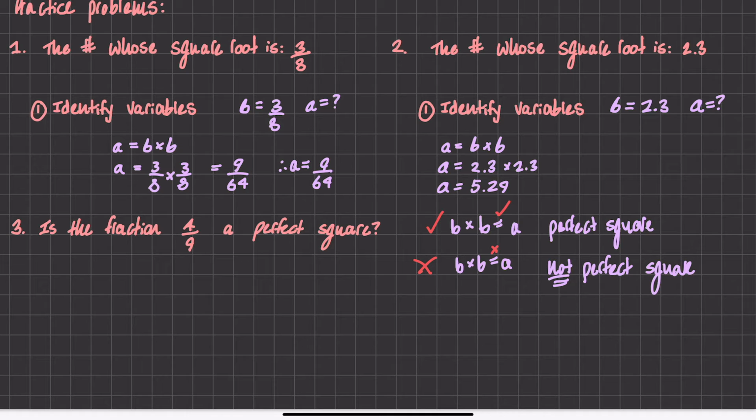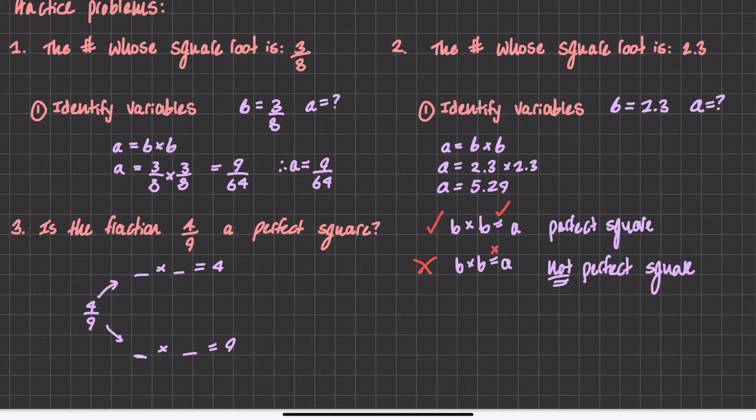So let's think to ourselves here. If you have a fraction, you can figure this out pretty easily. So 4 over 9. I like to think of this as separating the numerator and the denominator. If we just look at the numerator, let's think to ourselves, what's a number times a number that will give us 4? And then in the denominator, what's a number times a number that will give us 9?